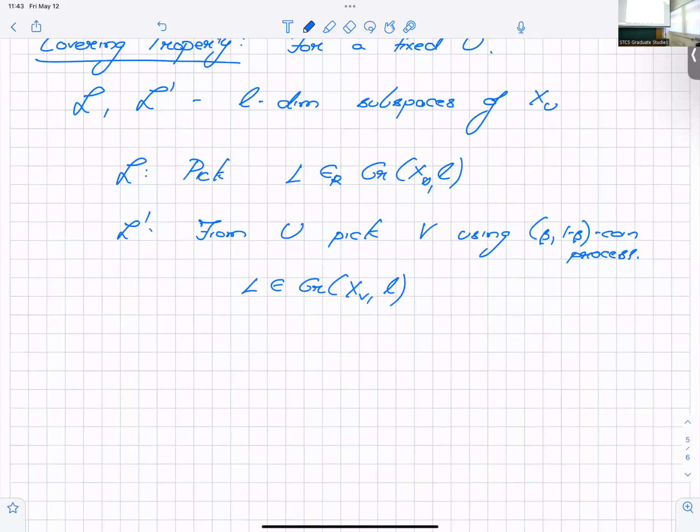What I want to say is, because of the way V's are covered by U's, when I randomize over the choice of V, these two distributions will be very close to each other. Notice that when I pick an L this way, there is a possibility that, suppose in a particular equation you dropped off a variable, an L that you picked in the top way can contain two variables from the same equation.